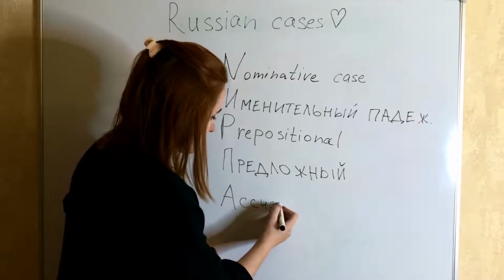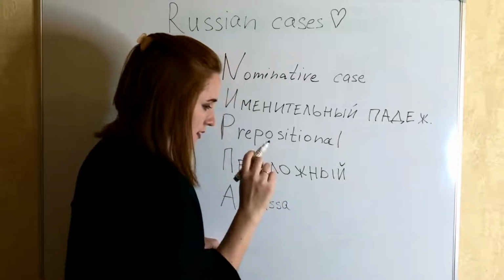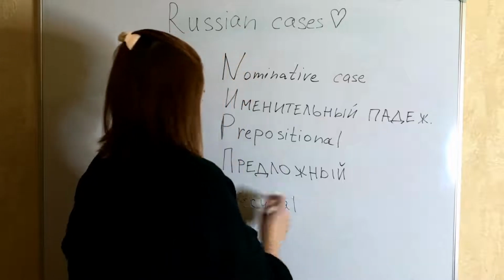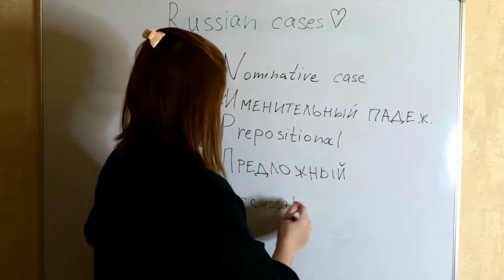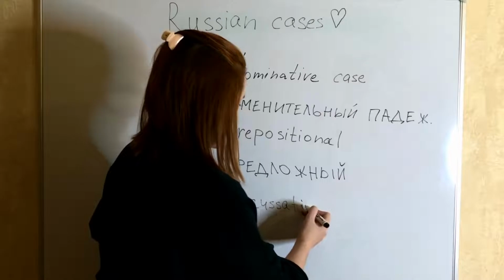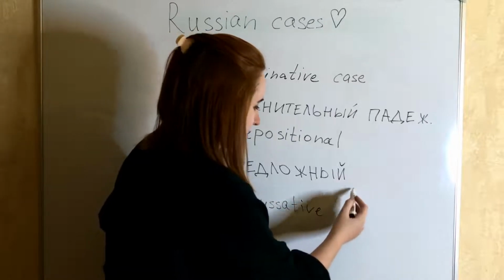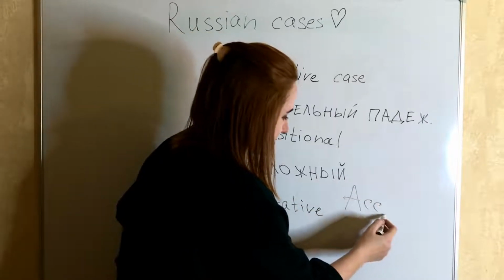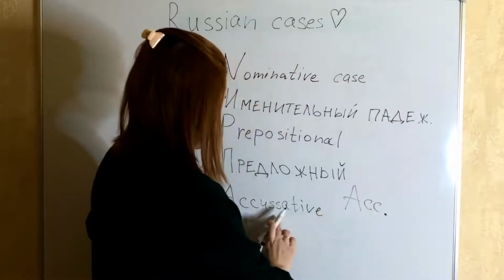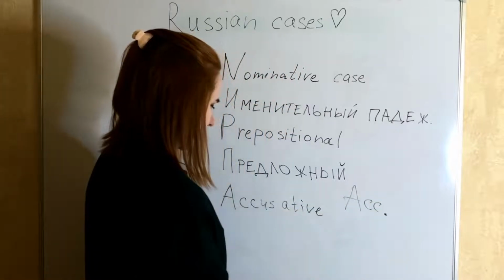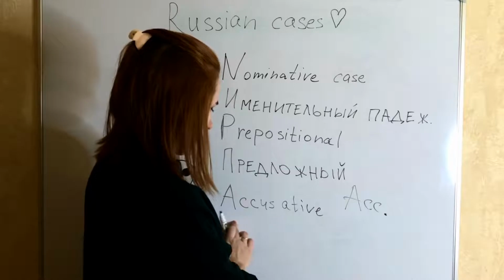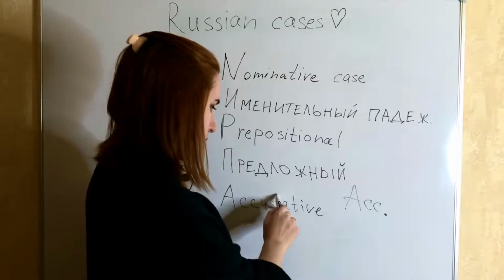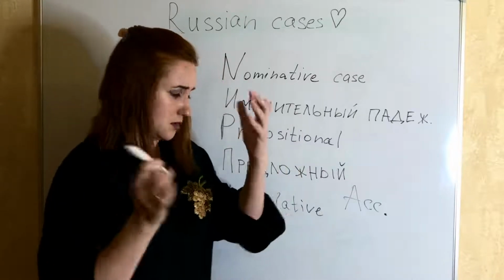Prepositional, accusative case. Oh no, he's dying. Oh my goodness, I don't remember how to write it. I am so used to writing it like this with a dot. Maybe with one S. I don't remember.